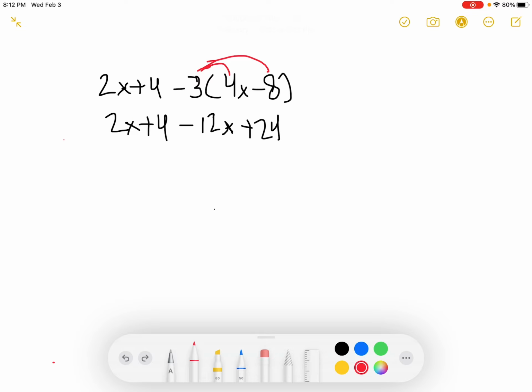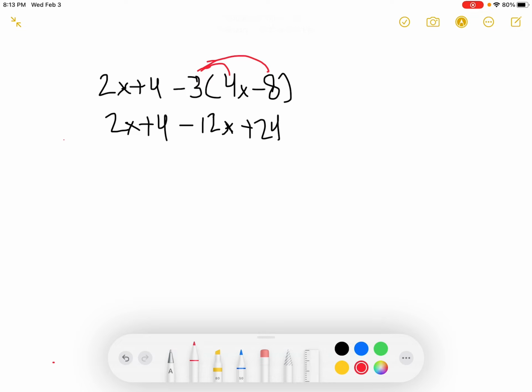So we can combine 2x and negative 12x. But if this had a square on it, on the x, then we couldn't combine them, okay? Once again, I've said this before, this is not for Algebra 1, so you probably need more detail if you're in Algebra 1. This is meant for an Algebra 2 refresh.